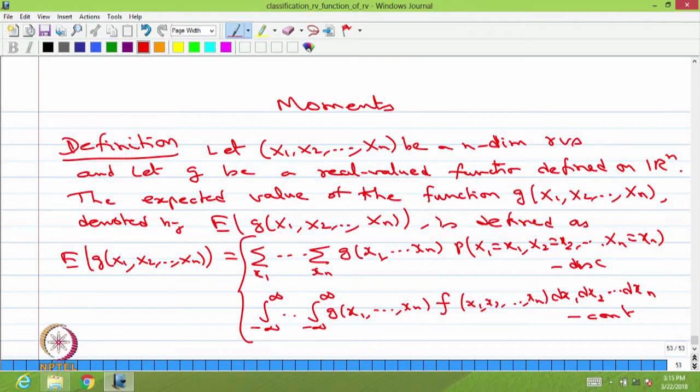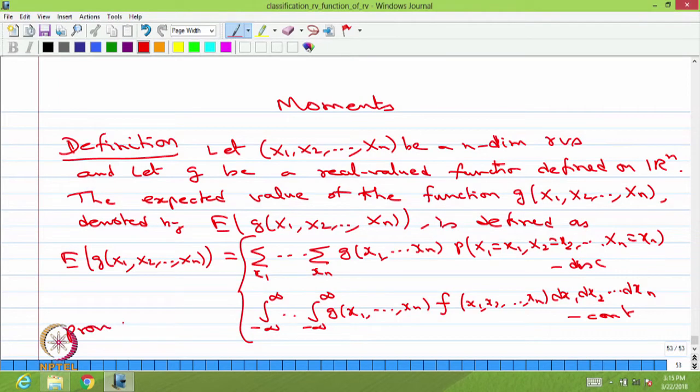Provided, when the random variables are of the discrete type, the summation in absolute sense is finite, or when they are of the continuous type, in absolute sense the integration has to be a finite quantity. That means the right hand side is finite in absolute sense.